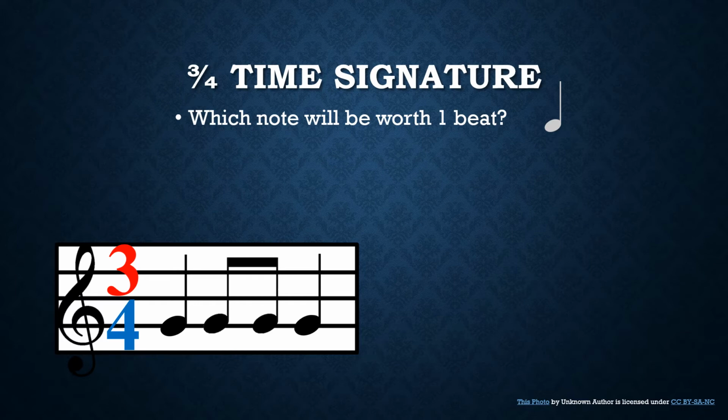We know eighth notes are shorter than quarter notes. Listen to some taps. Here are quarter notes. And here are eighth notes. For each quarter note, we hear 2 eighth notes.